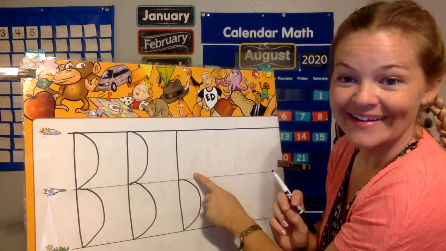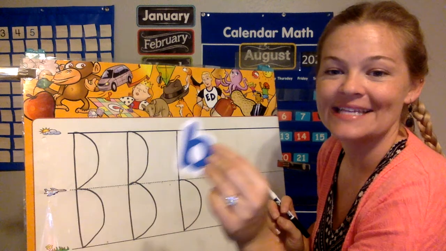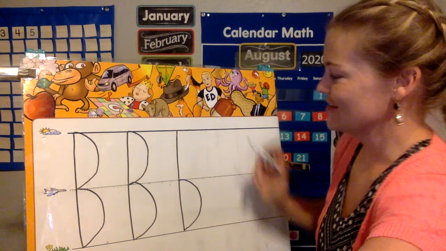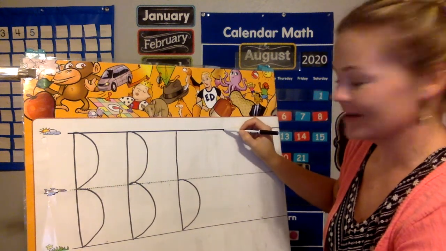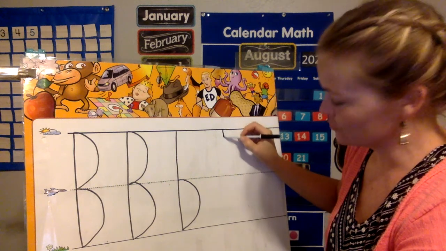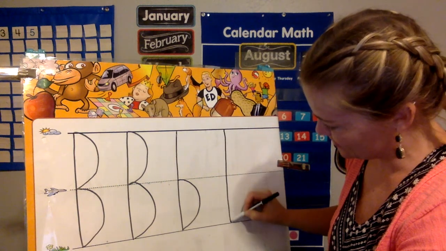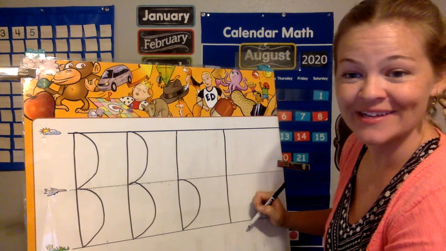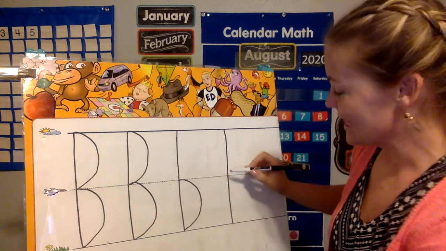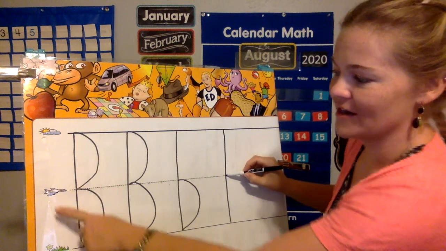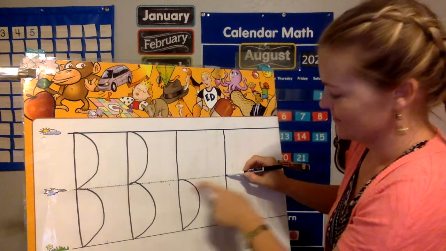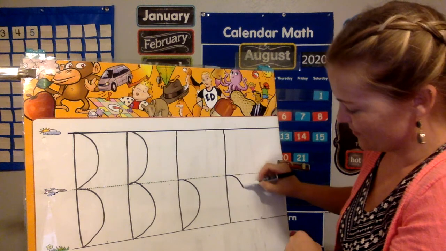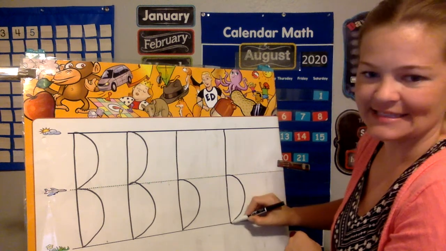Okay, let's try it again. We're going to try lowercase b again. So put your marker on the skyline and go straight all the way down to the grass line. It doesn't have to be perfectly straight, just do the best you can. We're just practicing. Then you put your marker on the dotted plane line and curve around down to the grass line.